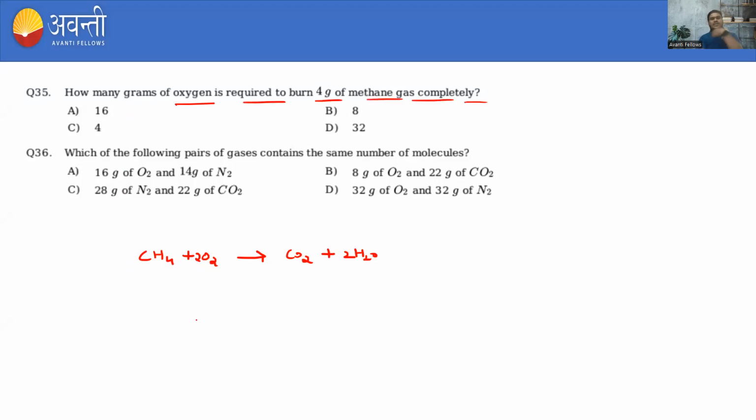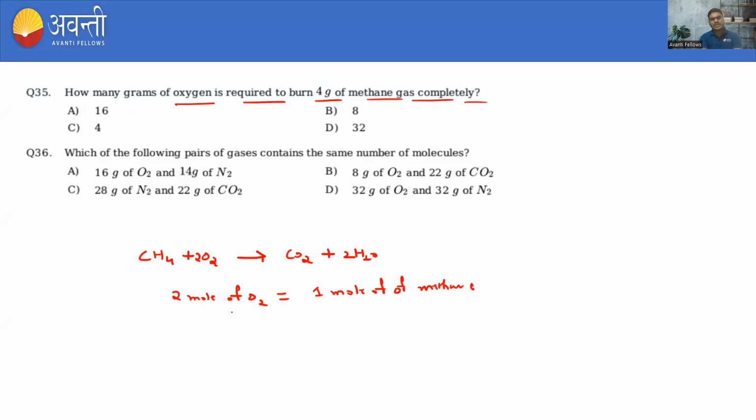So we can clearly say that 2 mole of O2 is required to completely burn 1 mole of methane. 1 mole of methane.